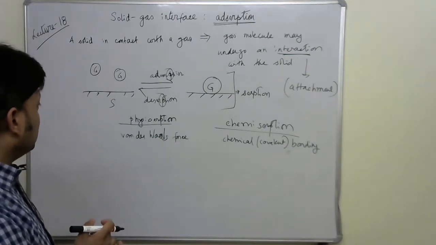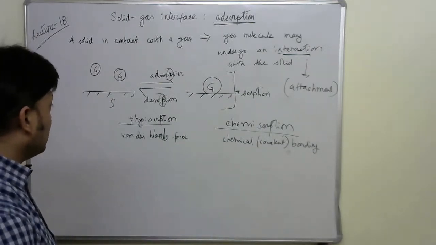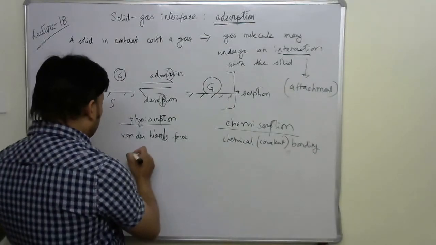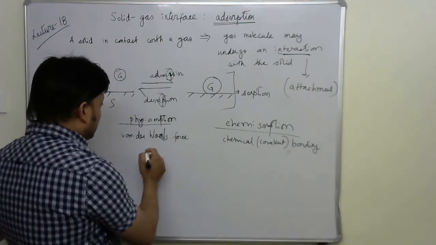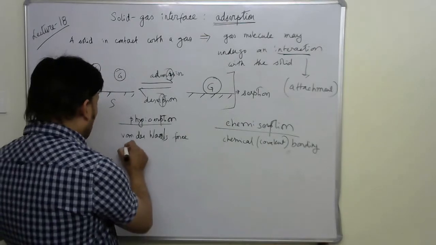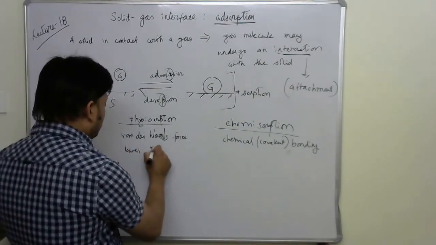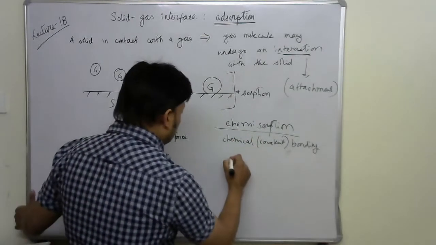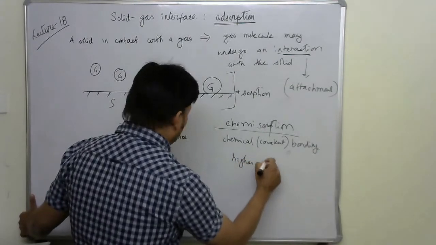The second difference is that physisorption is always associated with lower activation energy, while chemisorption involves higher activation energy.